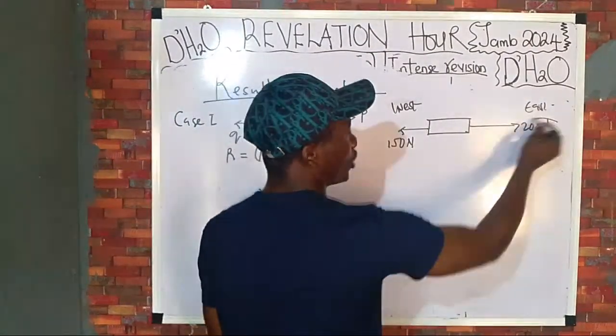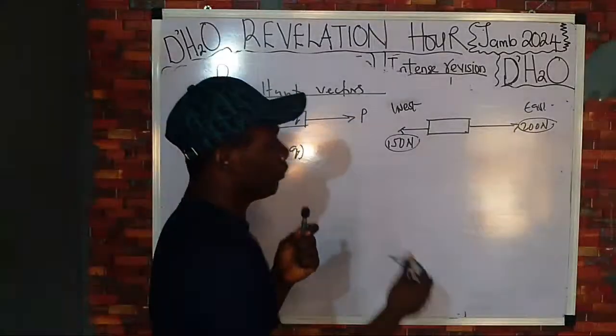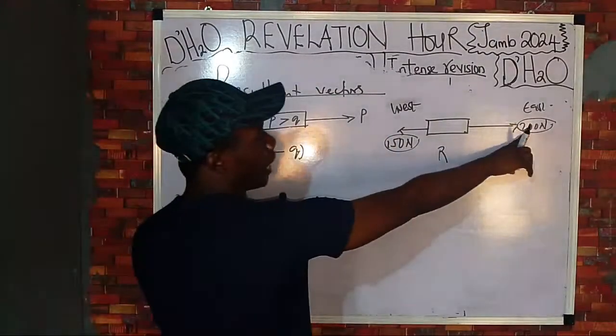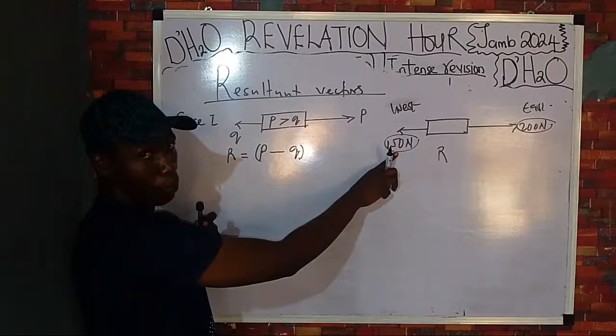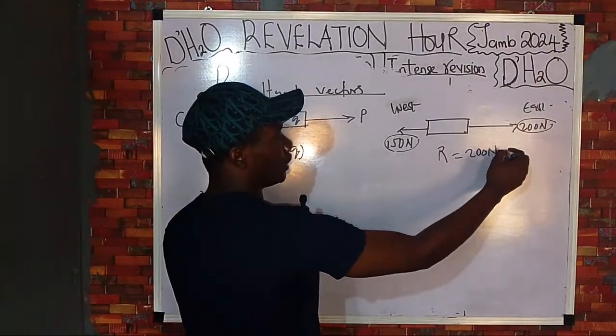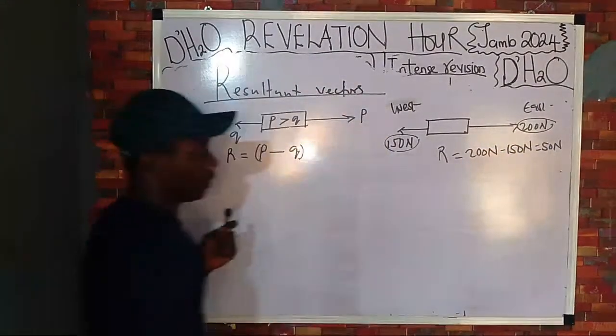Yes, because this one is bigger than this one. So your resultant will be the bigger one minus the smaller one. So you will have 200 Newton minus 150 Newton to give you 50 Newton.